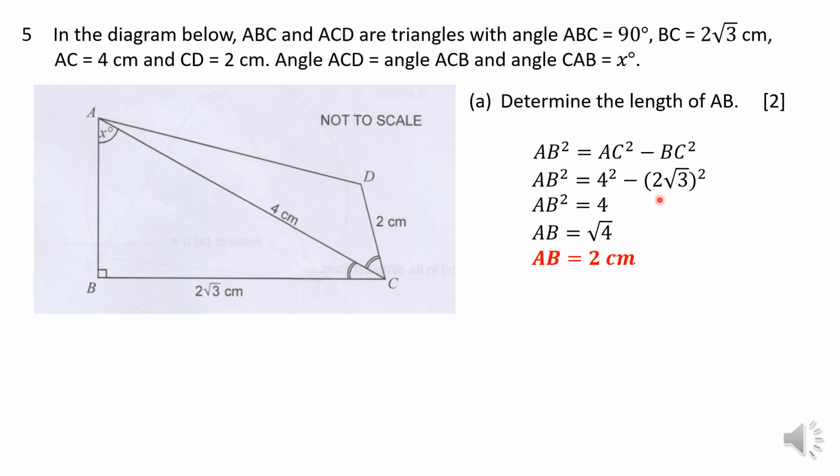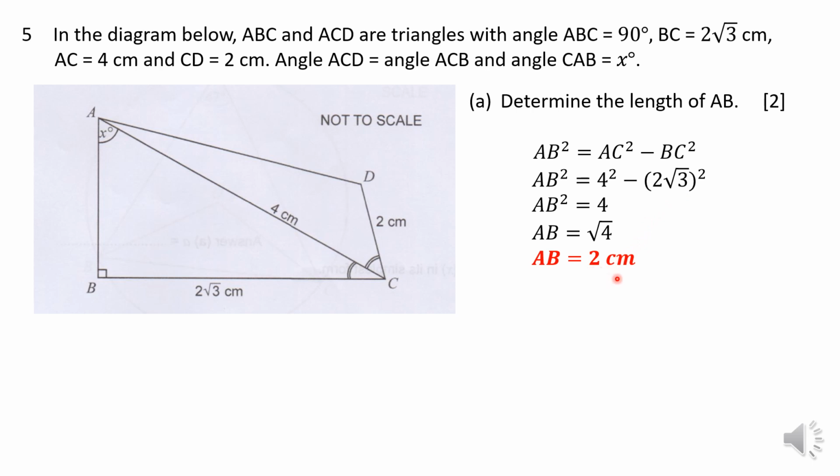It's very important that you put the brackets the way I did, because if you only put it here without brackets, then you will have a little problem: only the square root of 3 will be squared, not 2 times the square root of 3. So make sure that you do include the whole value in order for you to get the correct answer.